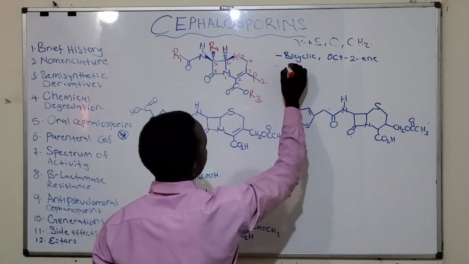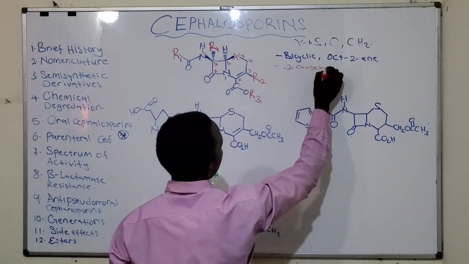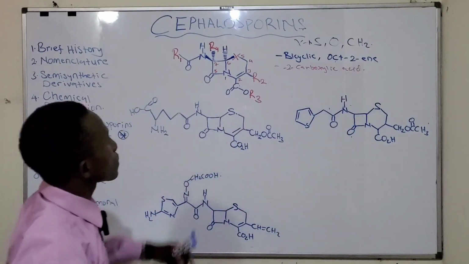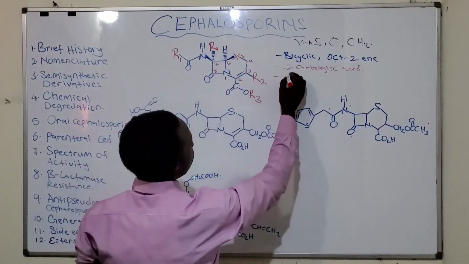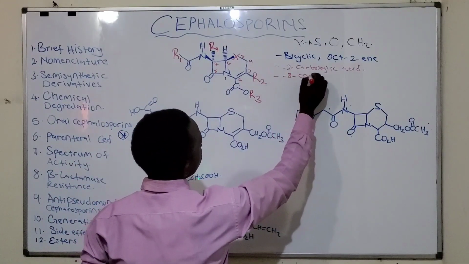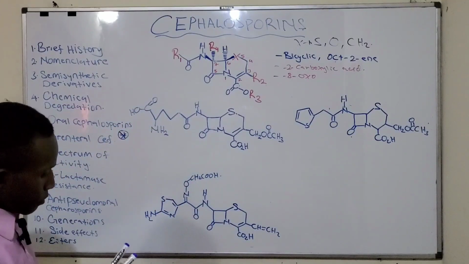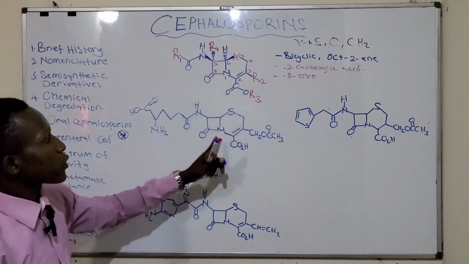So it has a 2-carboxylic acid. Then at position 8 there is an oxo group. So it has 8-oxo.